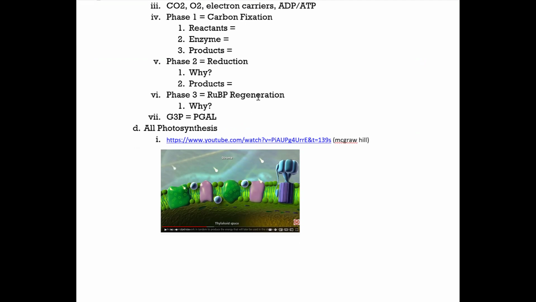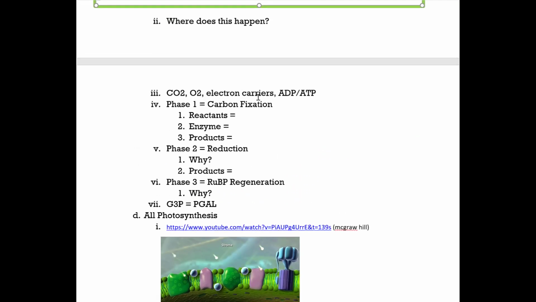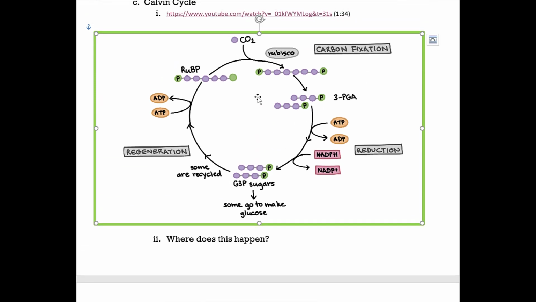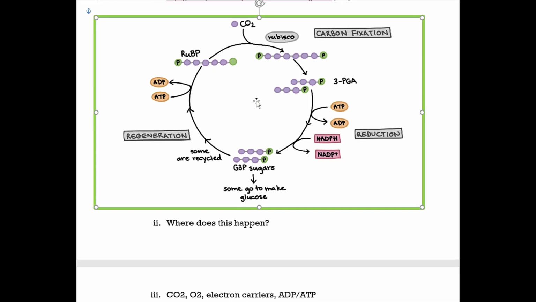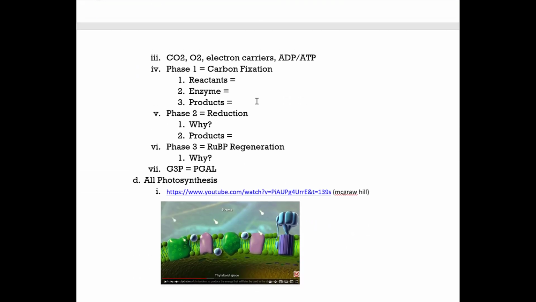And the last phase of the cycle is regenerating the starting material. So regenerating the RUBP. So RUBP would be a product, and then we also have ADP as a product as well.